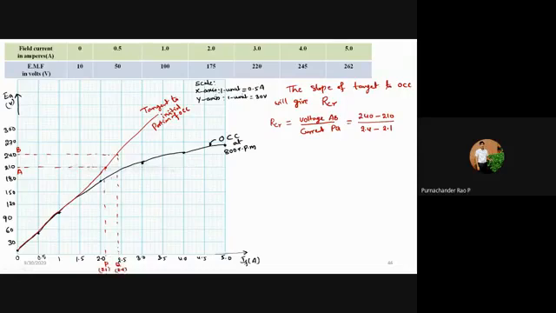So this is 30 divided by 0.3, which is around 100 ohms. So critical field resistance is around 100 ohms.